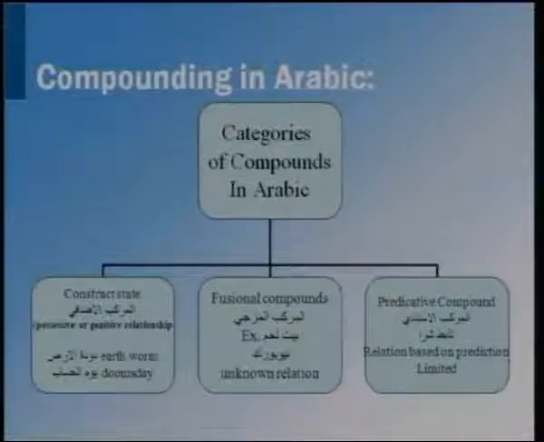Compounding in Arabic. We have three main categories of compounding in Arabic. First of all, construct state, المضاف إليه, أو المركب الإضافي. This is the possessee, the possessor in English.